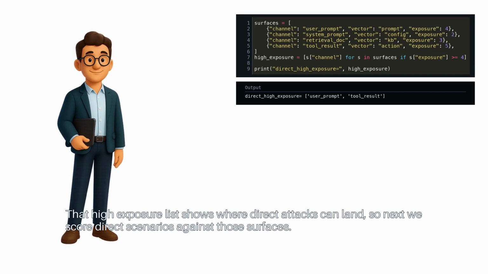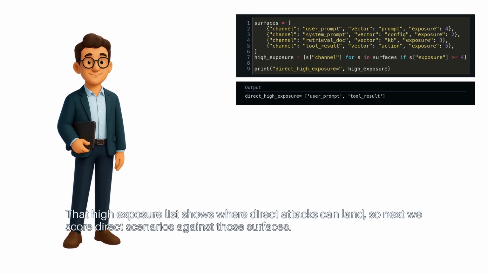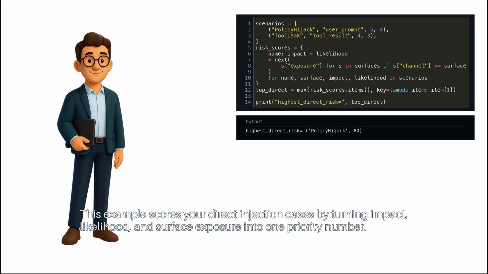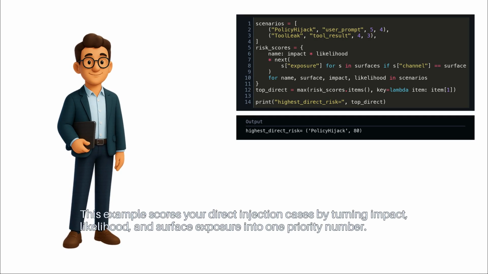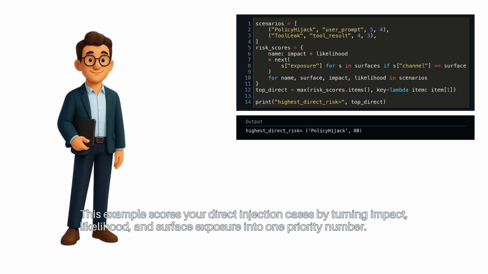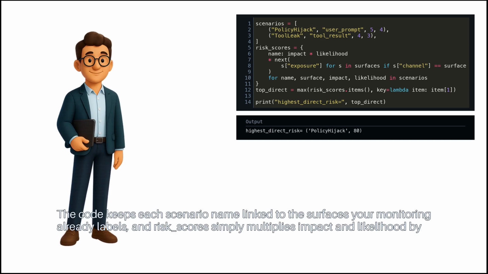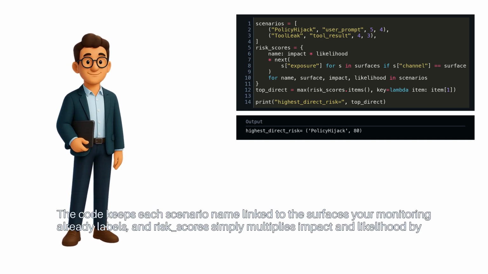That high exposure list shows where direct attacks can land. So next, we score direct scenarios against those surfaces. This example scores your direct injection cases by turning impact, likelihood, and surface exposure into one priority number. The code keeps each scenario name linked to the surfaces you're monitoring.